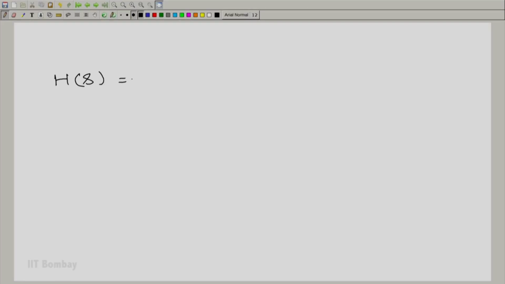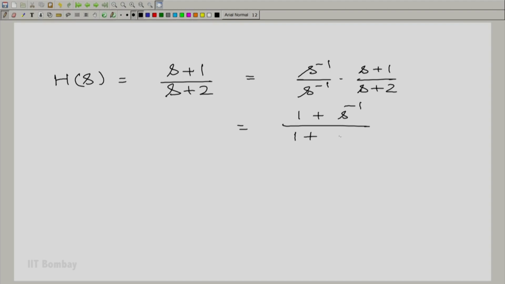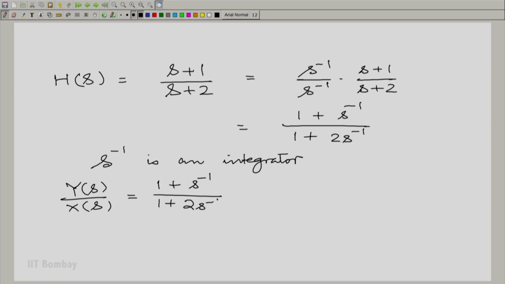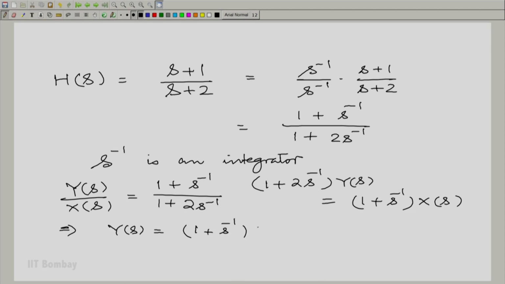So, let us take the same system that we have. We will rewrite this in terms of integrators. So, we will multiply and divide by S inverse. S inverse is an integrator, and now we have a neat signal flow graph. We can write y of s by x of s. So, we can now build a signal flow graph corresponding to this.